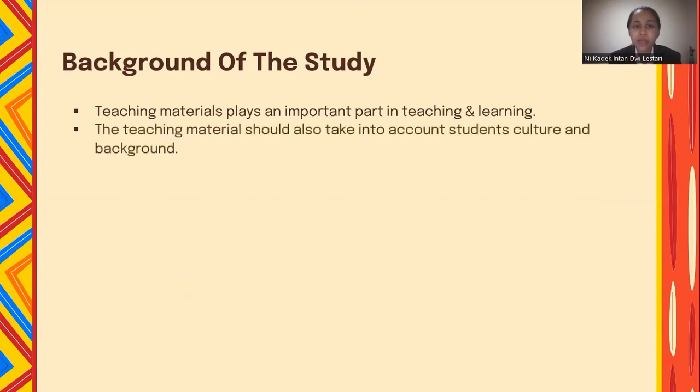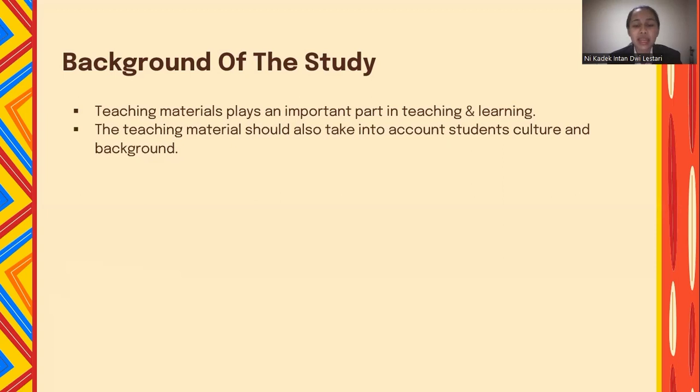The second one, the teaching material should also take into account students' cultures and backgrounds, because language is an inseparable part of culture, and local cultures can be a good help in teaching English to non-native English speaker students. Denpasar State Hindu Dharma Institute, or IHDN, now also known as UHN, is a state university whose main objectives include educating future Hinduism teachers.